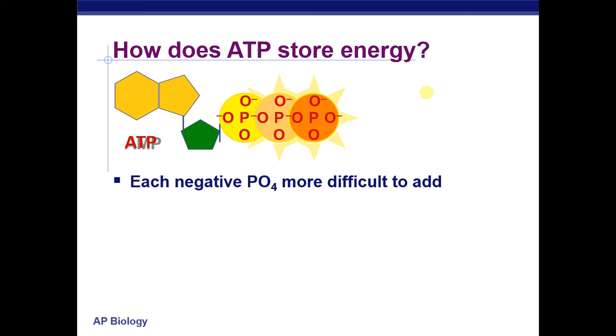Those bonds between the phosphate groups are very high energy. It's difficult to add each negative phosphate group onto the last. And so those bonds become storage houses for cellular energy.